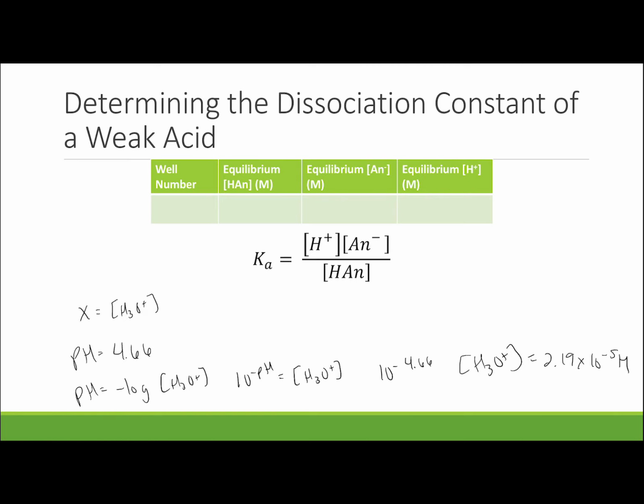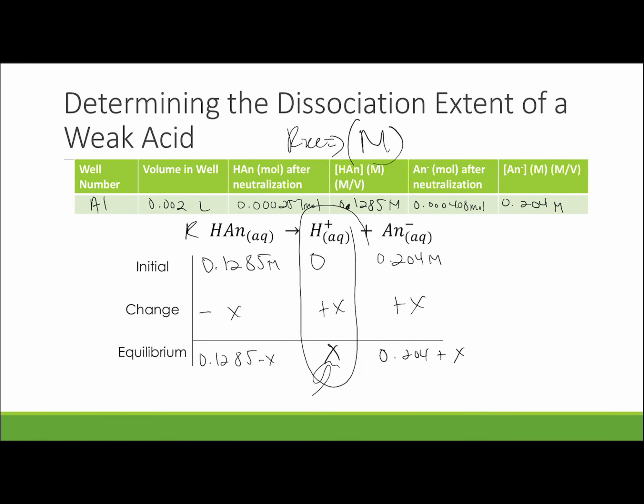So, putting this back into here, we have 0.1285 minus 0.0000219, which basically doesn't change that at all. So we're going to keep it as this value right here. The only value it really changes is this one.